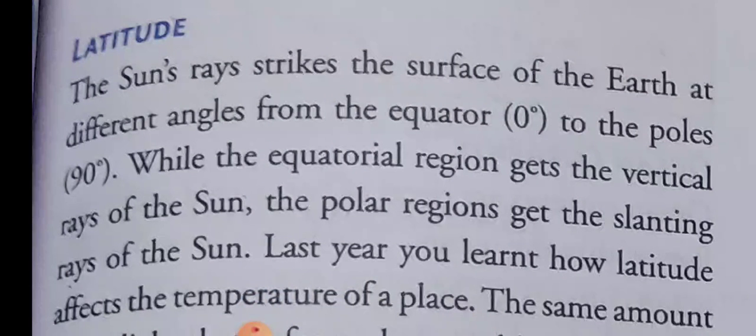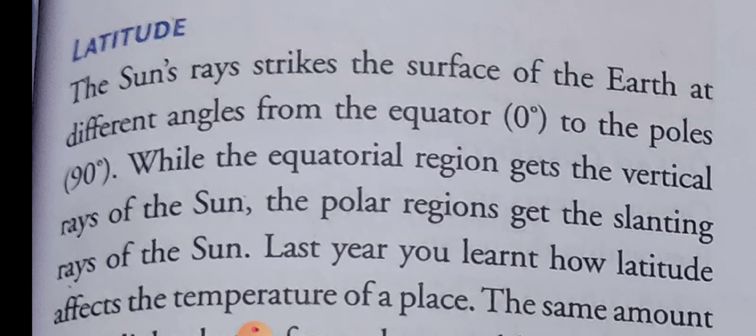Equatorial region means the area which is near the equator. So this area gets the vertical rays of the sun. Vertical means straight. And the polar region gets the slanting rays of the sun.